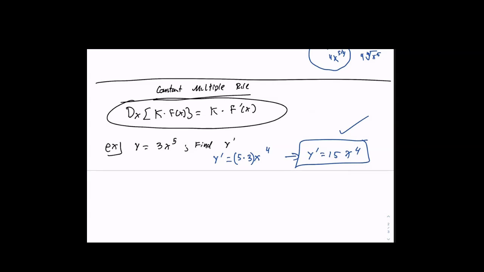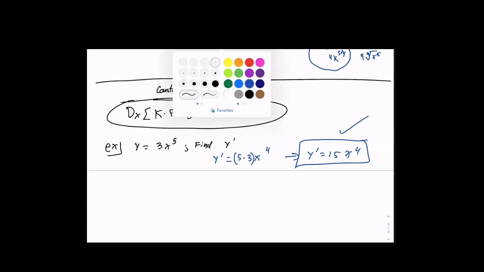So the constants just stay in front. Sum and difference rule.